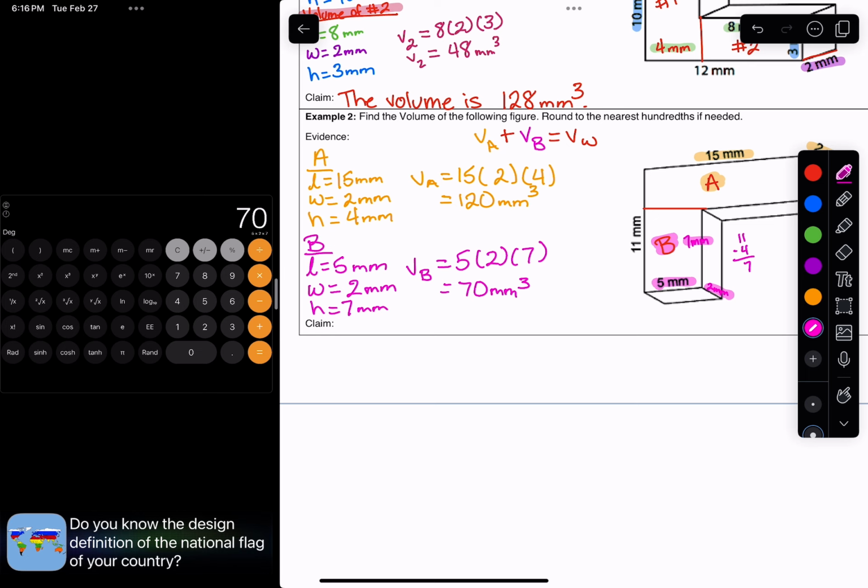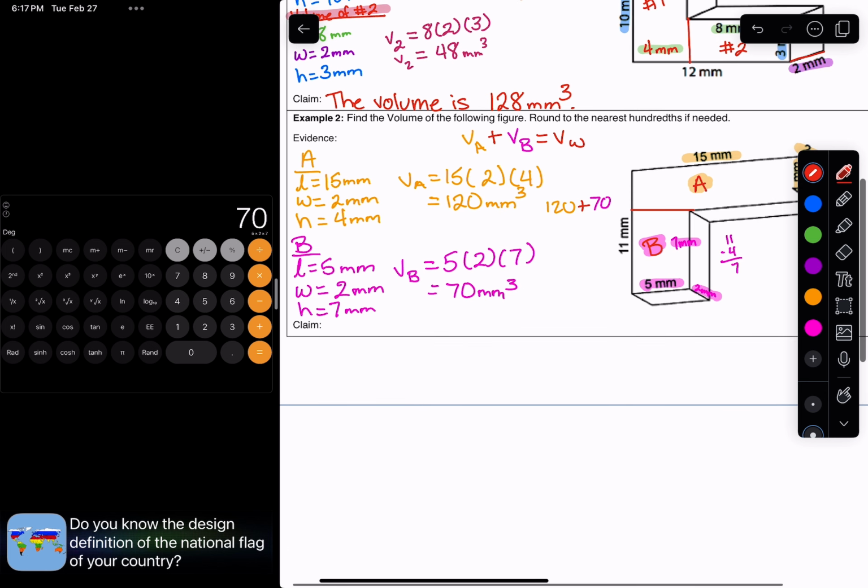Last thing we need to do is add those together. So 120 plus 70 is equal to, let's see, 120 plus 70 is equal to 190 millimeters cubed.